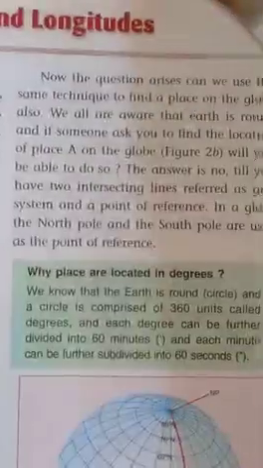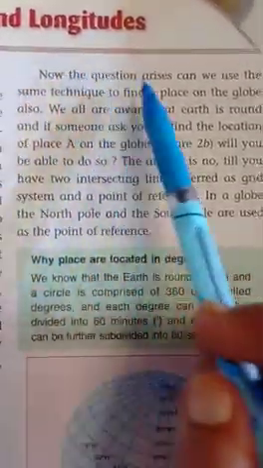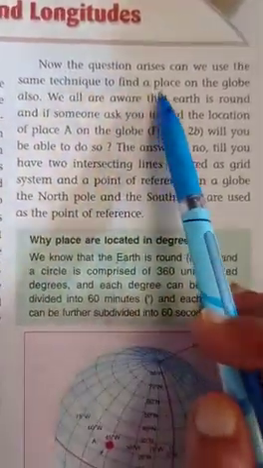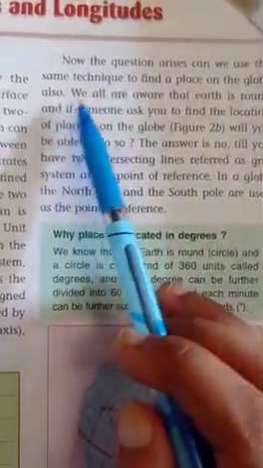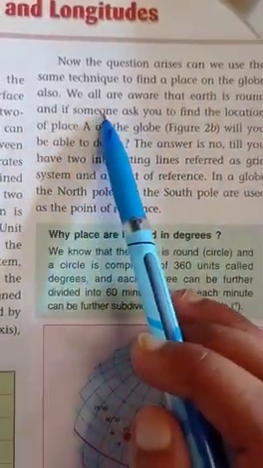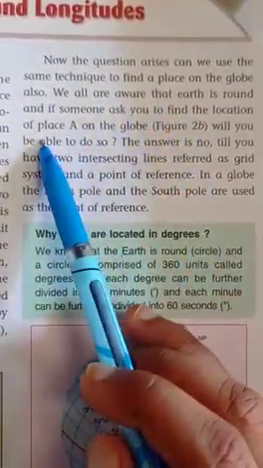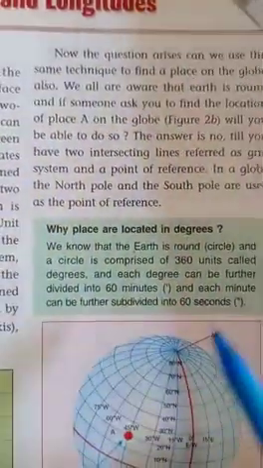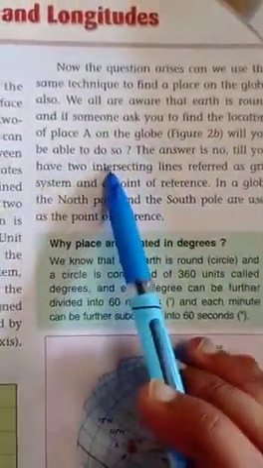Now the question arises: can we use some technique to find a place on the globe? We all are aware that the earth is round, and if someone asks you to find the location of a place A on the globe, for example in this figure, will you be able to do so?